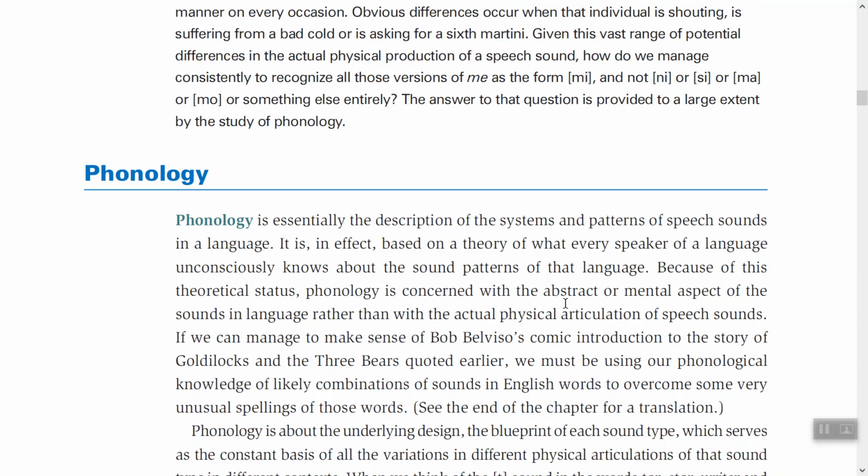Okay, so phonology is what is inside the mind. It is a mental aspect, something abstract, not concrete, not the actual physical articulation. It is not this. It is what? It is mental. It is internalized inside a human's brain. Okay? Something innate inside a human. Not something uttered. Not actual physical articulation. So this is what? This is phonology.